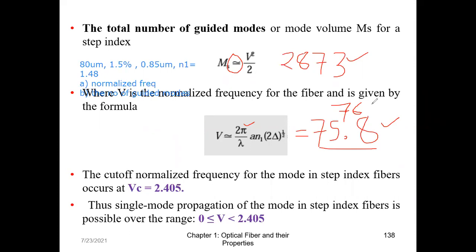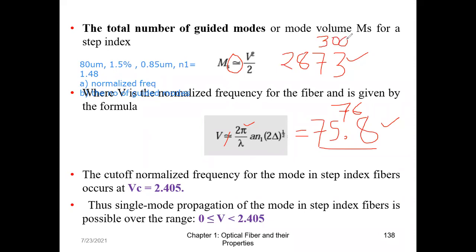So what you will write is: hence the fiber has a V number of approximately 76, because this is also an approximated value. Just see the formula over here. This is also an approximated value. So hence the fiber has a V number of approximately 76, giving nearly 3000 guided modes.